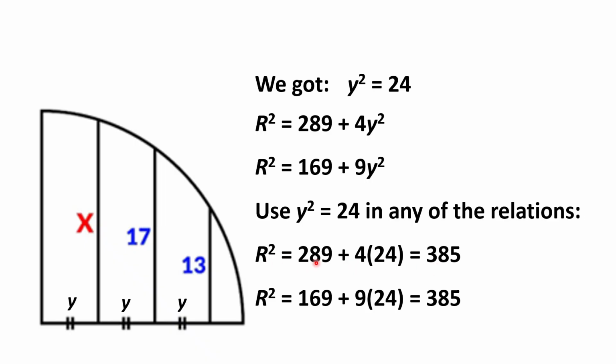So r square is 289 plus 4 into 24, or 169 plus 9 into 24, both giving 385. So we got the radius square equal to 385.